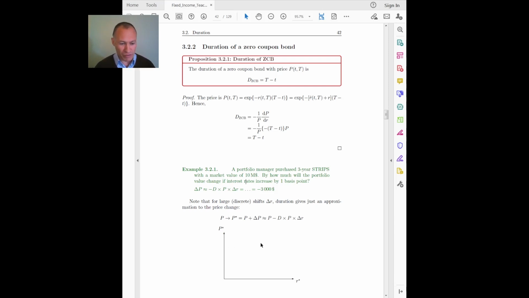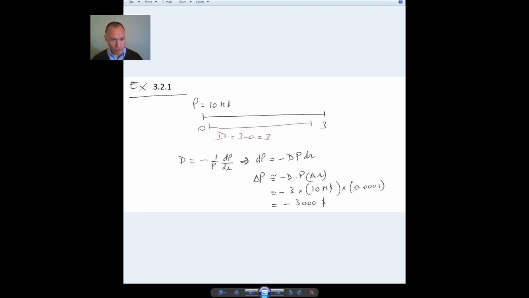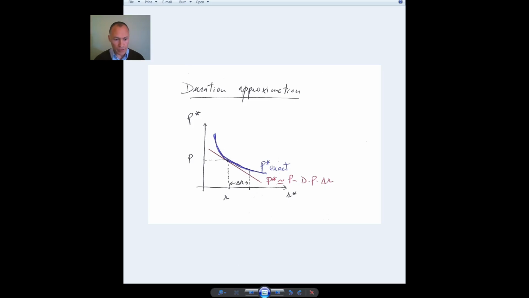If we plot the price against the interest rate, what you find is this. The price is a function of interest rate. The star here denotes the new interest rate after the change, and the price with the star denotes the new price. Before the change, we are at this point in the curve, price for a given interest rate.